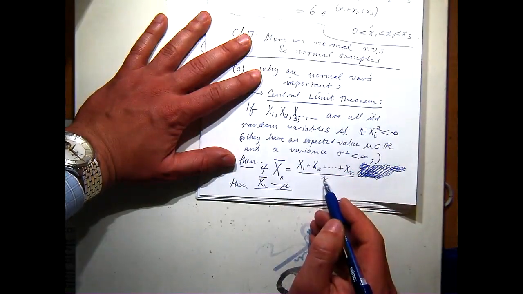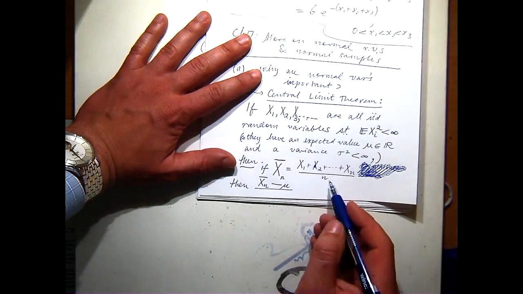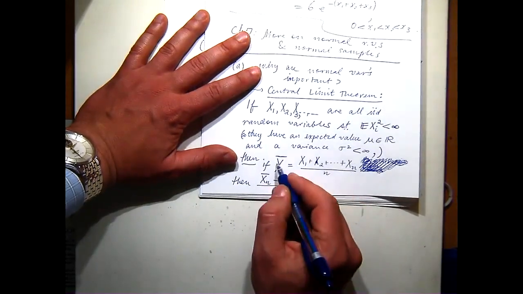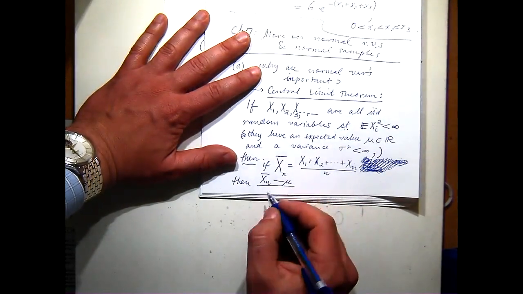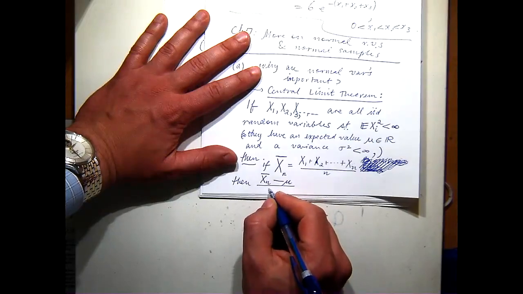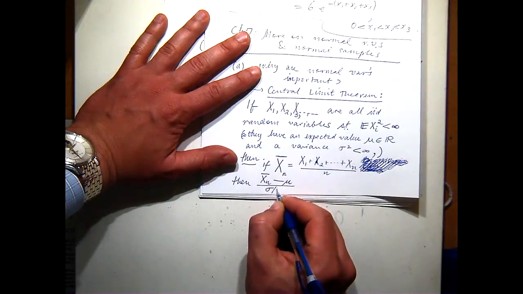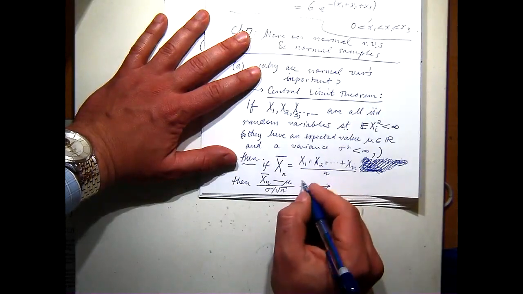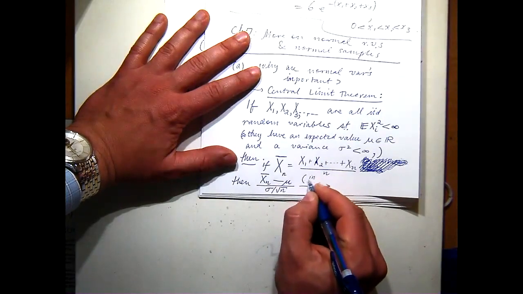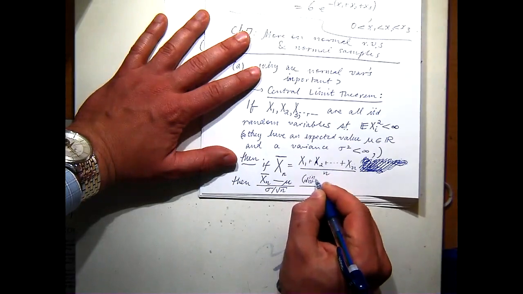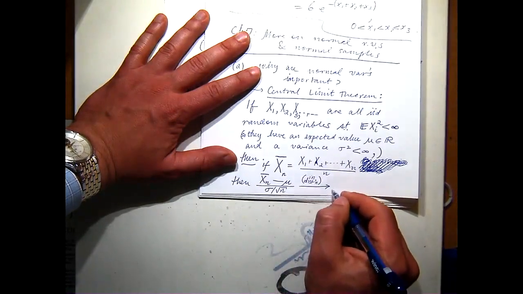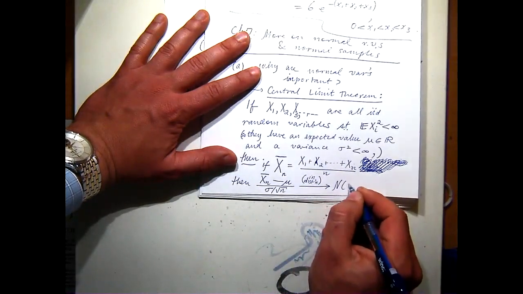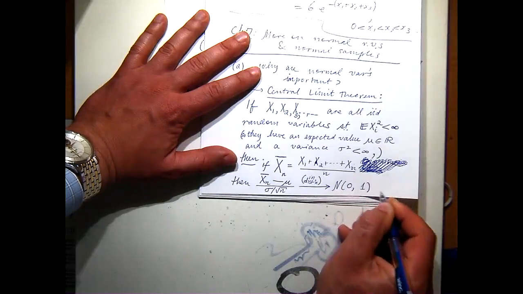And on the bottom you have an n squared. So the actual variance of Xn bar is sigma squared over n. And not only that, if you divide by the standard deviation, sigma over square root n, that converges in distribution, so I'll write it in words, in distribution to normal 0, 1. Okay, so that is what the central limit theorem says.